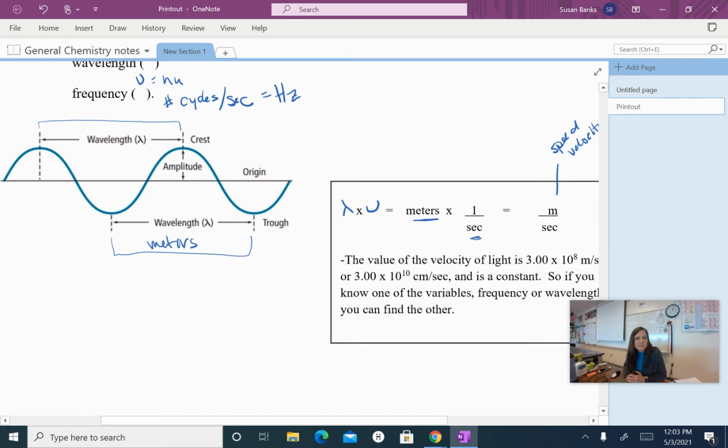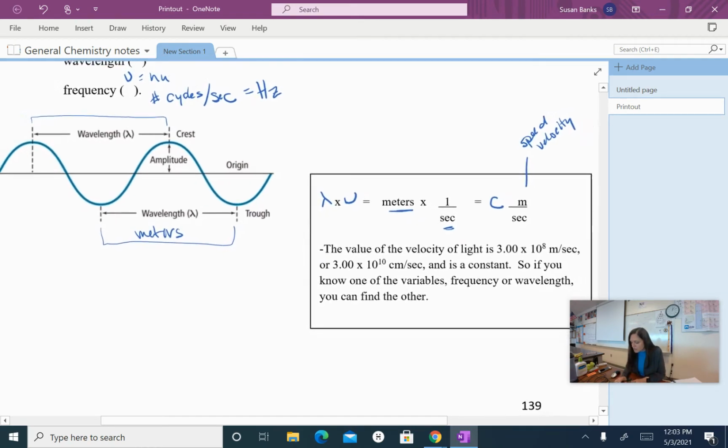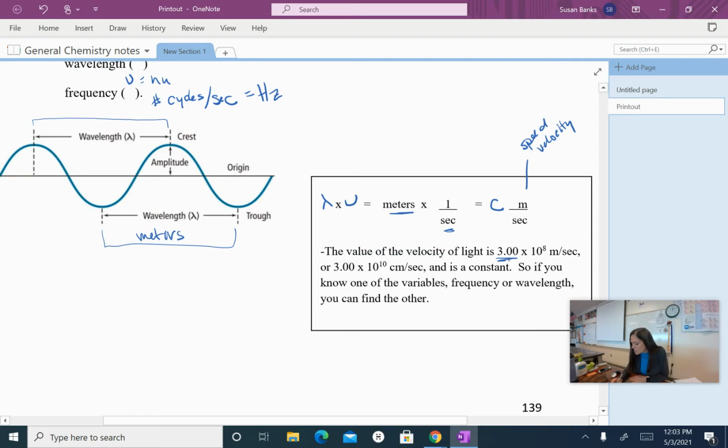And guess what? This stuff is all traveling at the speed of light. It's part of the electromagnetic spectrum, right? So the value of the velocity of light is 3.00 times 10 to the 8th meters per second. So that's like 300,000 kilometers per second. It's very, very fast. Okay?